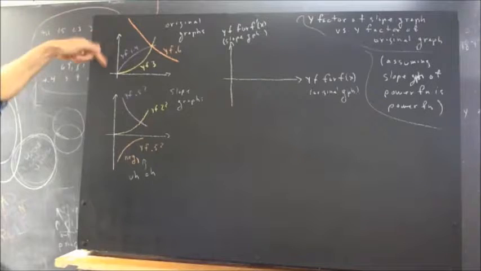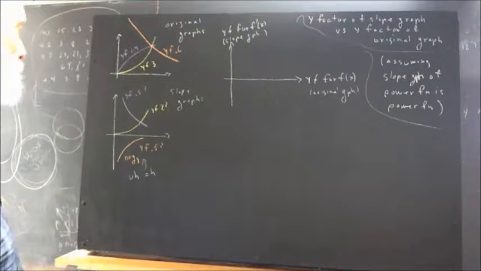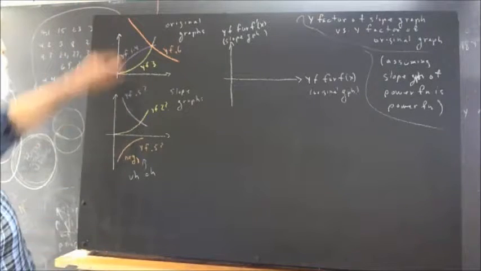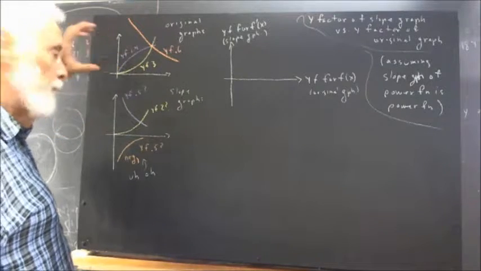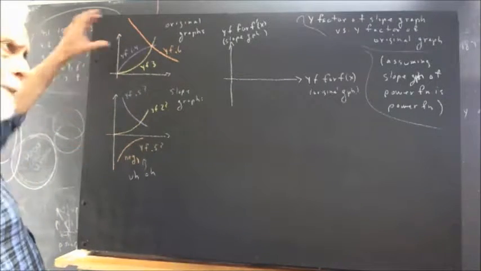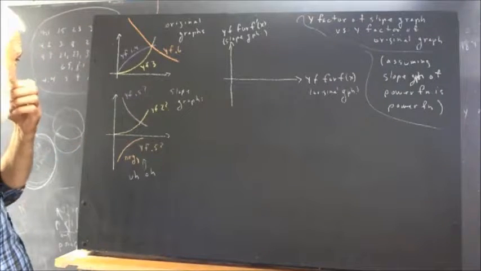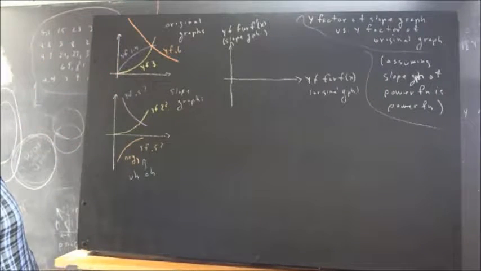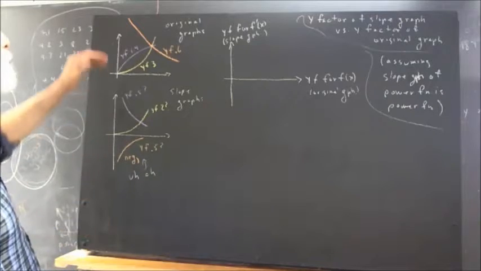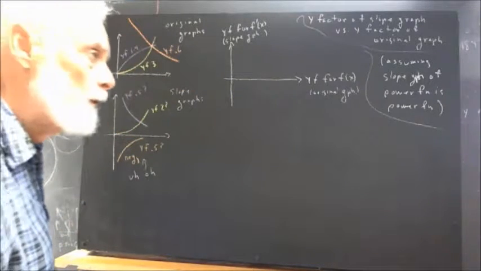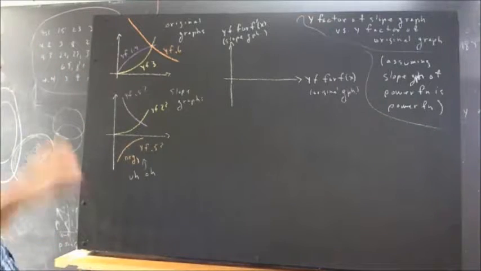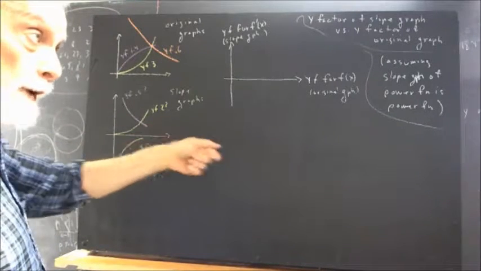So I'm estimating, these are just approximate, just estimating what the y-factors might be here. And of course, we've done this. I've given you graphs of power functions and their slope functions and asked you to look at this relationship. So we want to just summarize what we might find, or what you might have found when you did that.